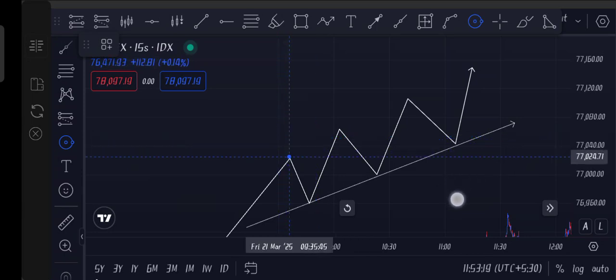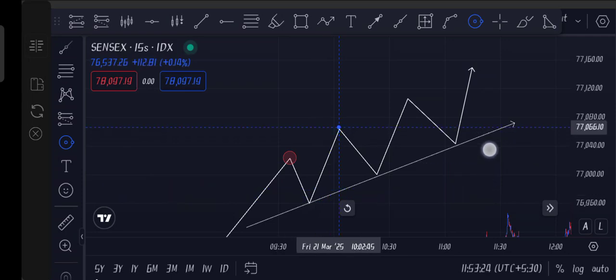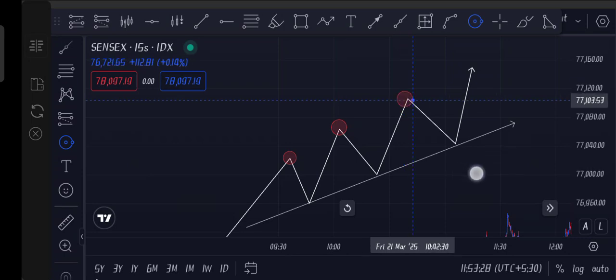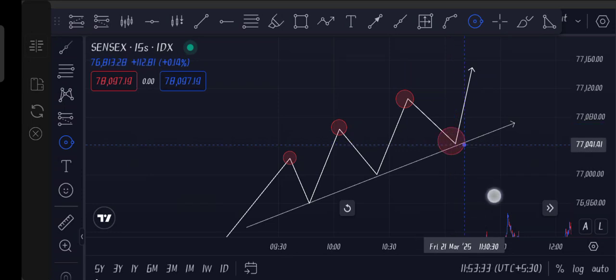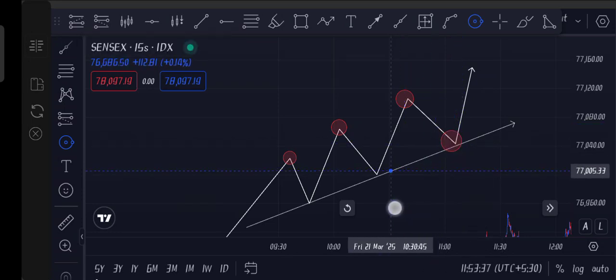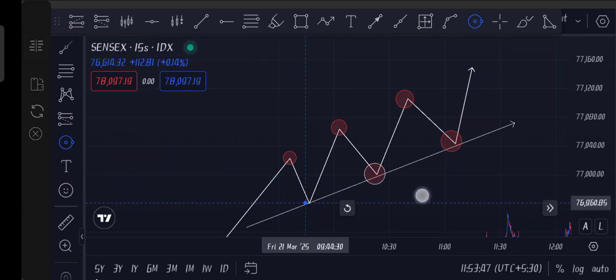This is a higher high, this is a higher low.